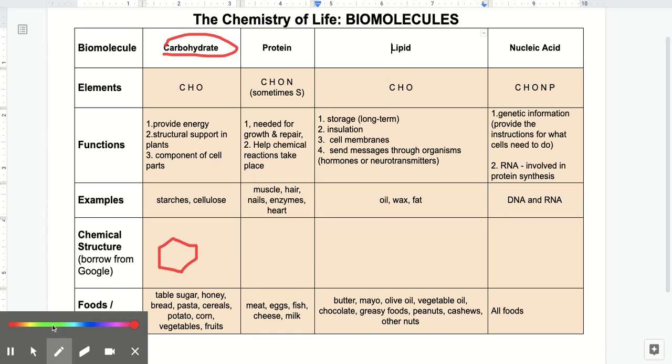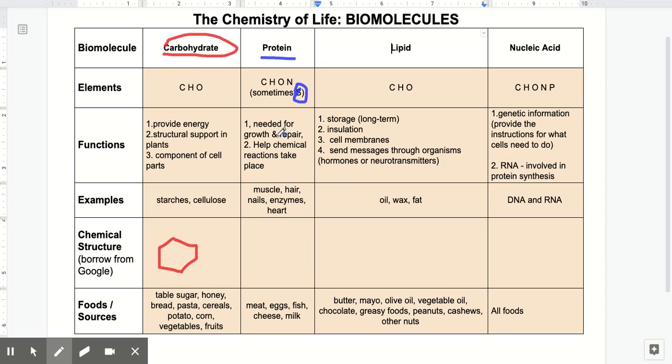Moving on, let's look at proteins. Just changing up my pen color here. Proteins are primarily made of the elements carbon, hydrogen, oxygen, and nitrogen. Some amino acids contain sulfur, but carbon, hydrogen, oxygen, and nitrogen are our primary elements that make up a protein.